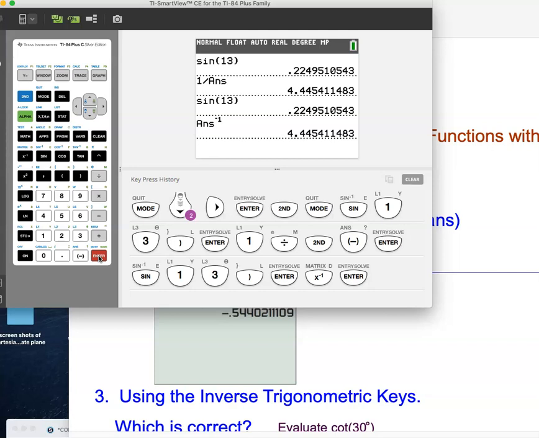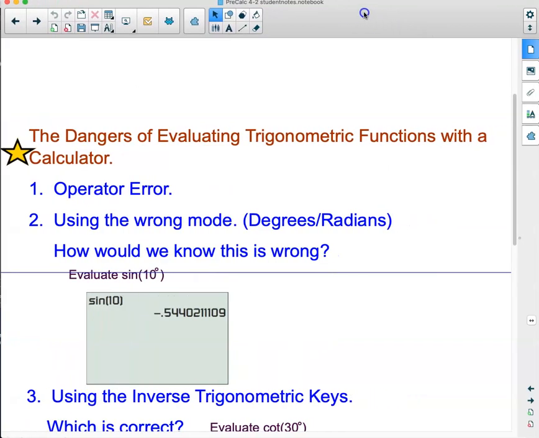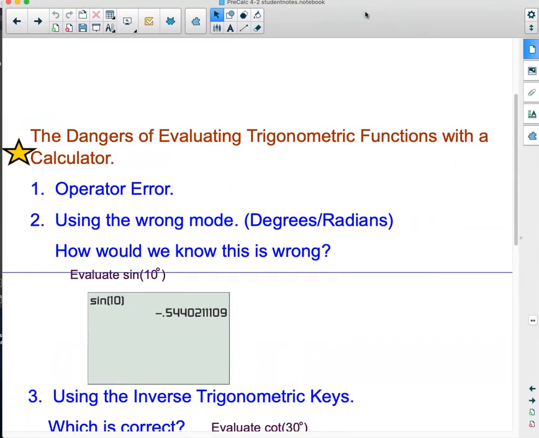Those are inverse buttons. What those do are if we tell it 4.445 and so on, and we want to know what was the angle that gave us that, we use that inverse function to work backwards and get the angles. So know that we don't have our secondary trig functions on here, but we have a way that we can get them. So when we look at what was punched in down here, hopefully we'll be able to see the errors.